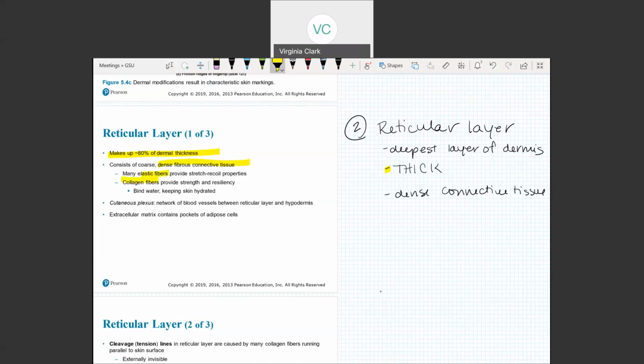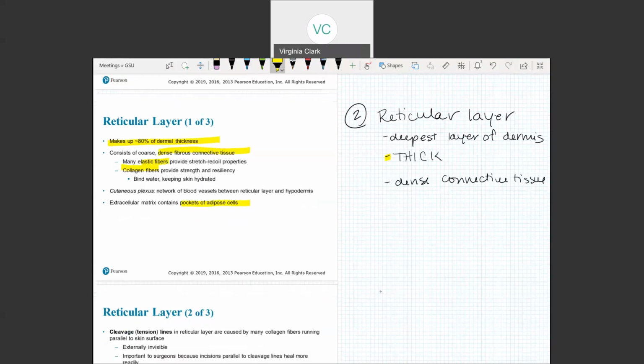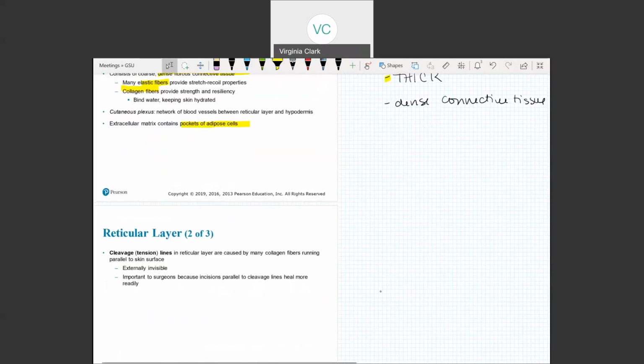This is also where you're going to have some pockets of adipose cells. The reticular layer is also going to have something called cleavage lines, or tension lines. This is going to be different than the dermal papillae leading to the friction ridges.